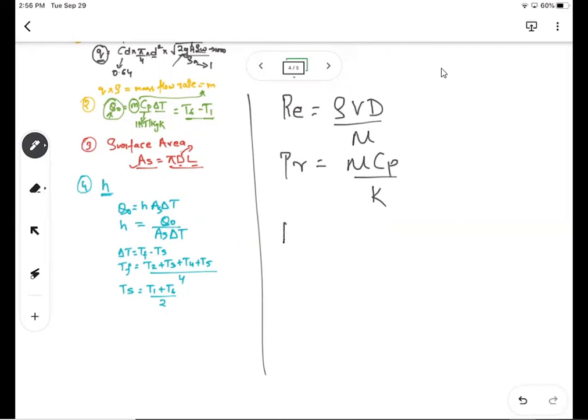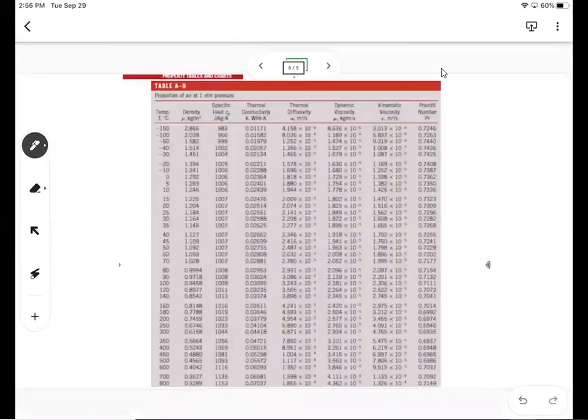And Nusselt number is given by h d upon k. So in order to find the value of these dimensionless numbers, Reynolds number, Prandtl number, and Nusselt number, we can follow this table.